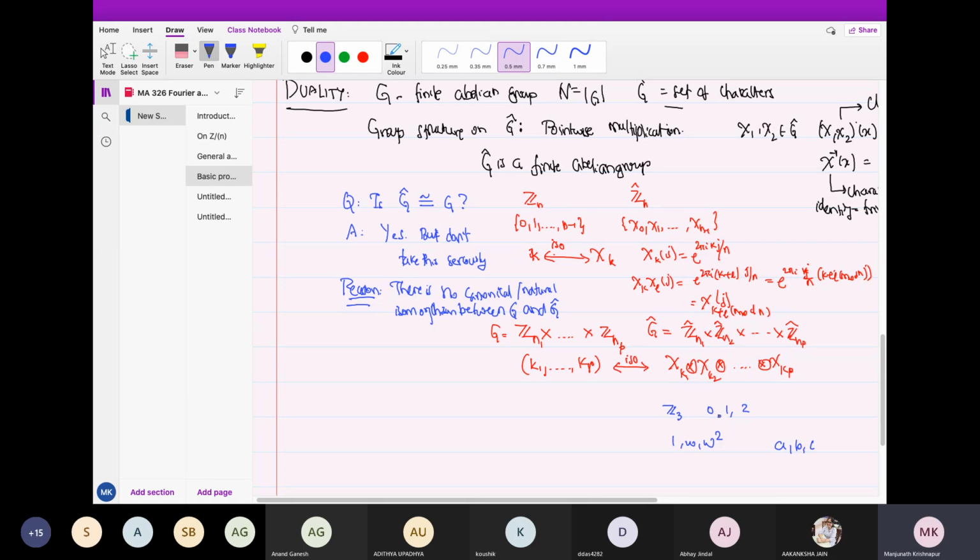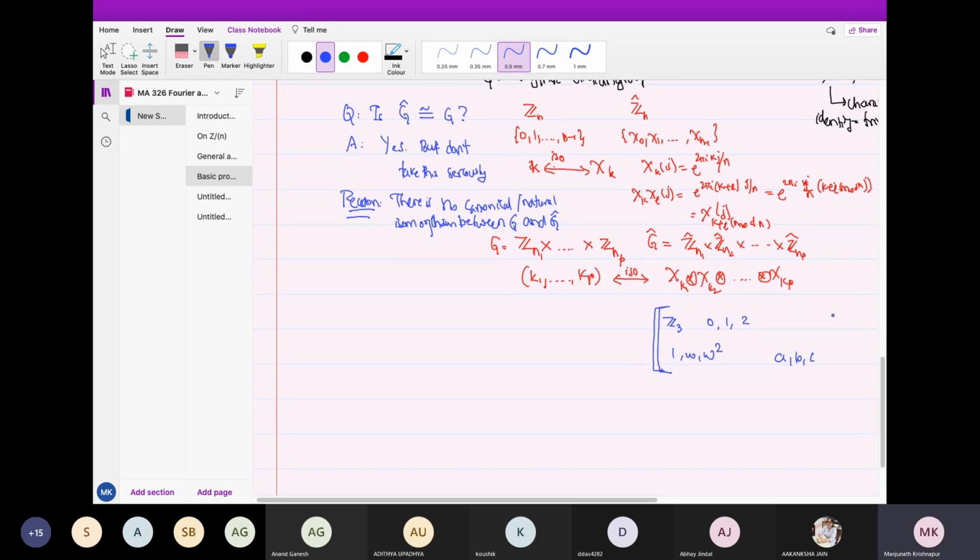Unless you say what the mapping is, I don't know if there is any mathematical definition. What I mean by natural isomorphism is that everyone will choose the same, more or less. If you take 0, 1, 2 and 1, omega, omega square, it's not necessary that everyone will choose the same.